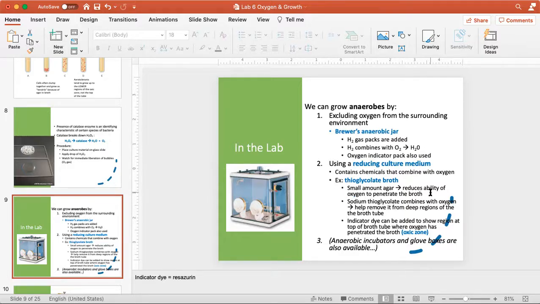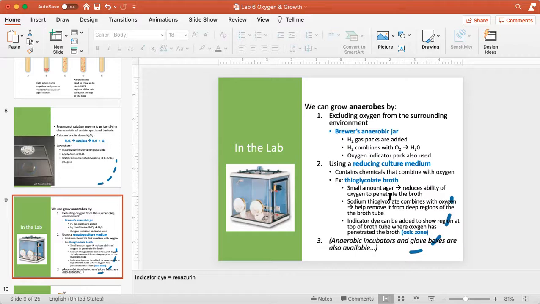It will penetrate up at the top, but not all the way down to the bottom. Now, thioglycolate also has a chemical in it called sodium thioglycolate. And what that chemical can do is combine with oxygen. So if any oxygen gets down into the deep regions of the tube, the thioglycolate will remove it.